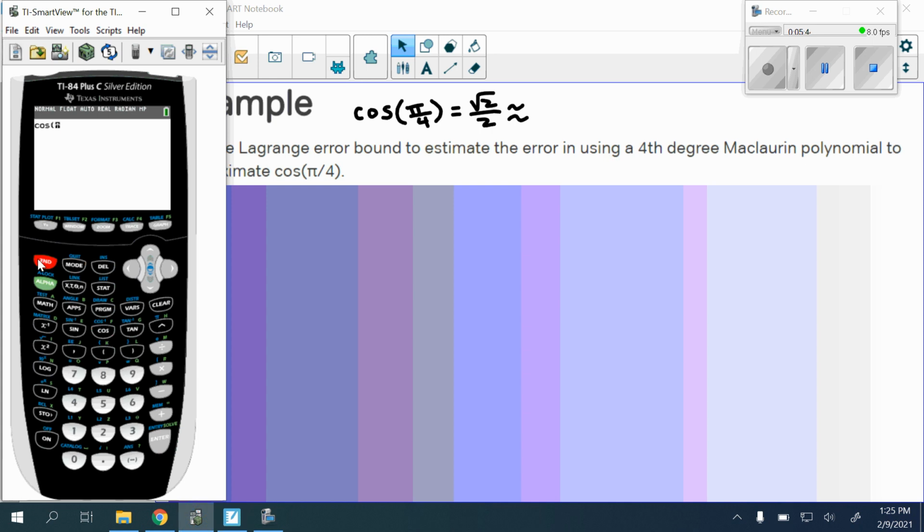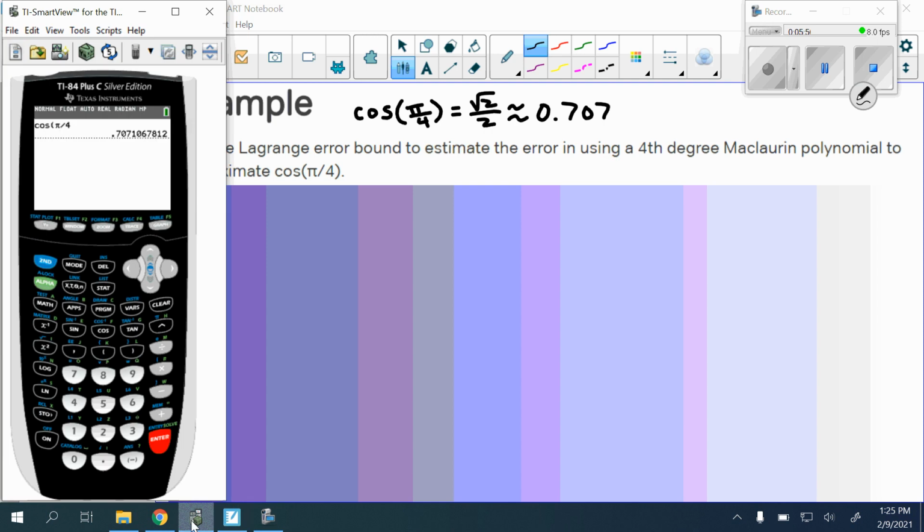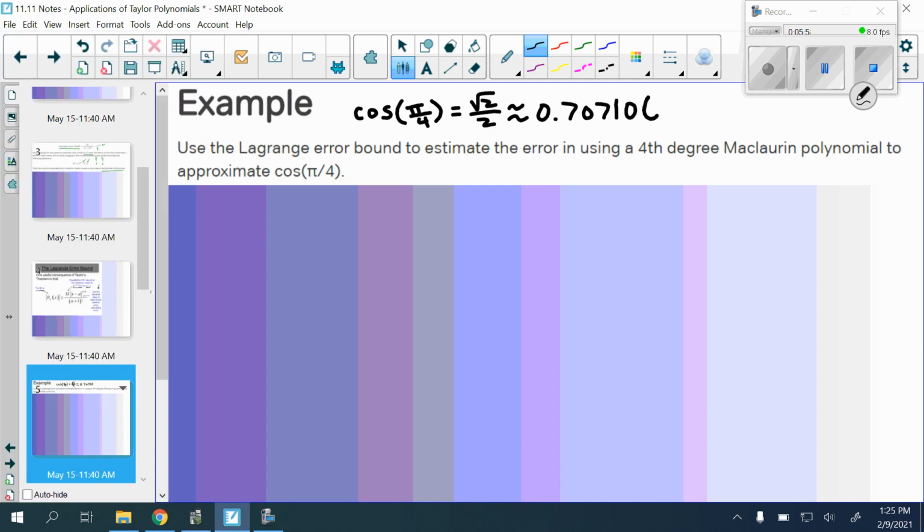Cosine of pi over 4. We can see the approximate value is about 0.707. We'll go a couple more decimal places, 106. All right, so it's approximated out a little bit. What we're going to do is try to find the Taylor series that approximates the cosine function. Since it says Maclaurin, we know that it's centered at 0.